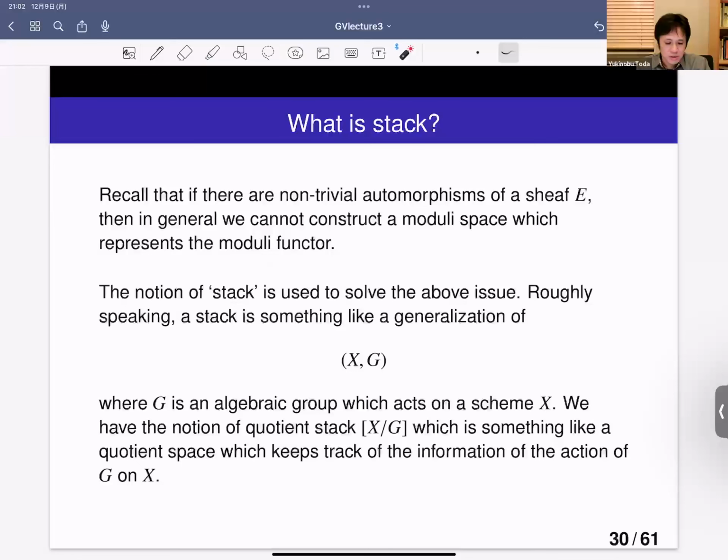Roughly speaking, a stack is something like a pair of X and G, where G is an algebraic group and X is some scheme on which G acts. Then we have the notion of quotient stack. This is something similar to the quotient space of X by G, but it also keeps track of the information of how G acts on this space X.